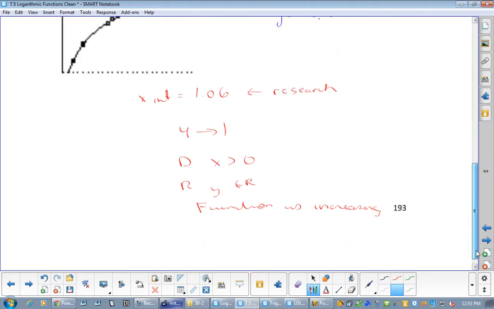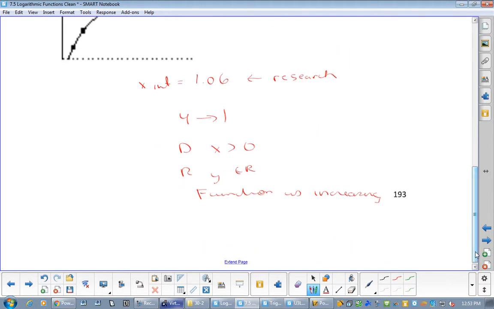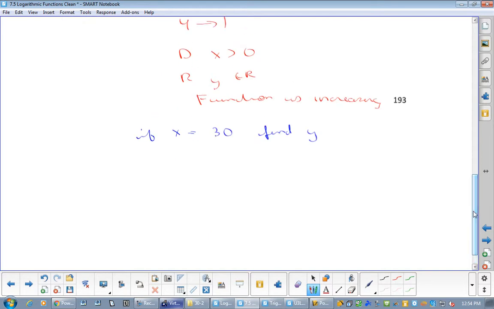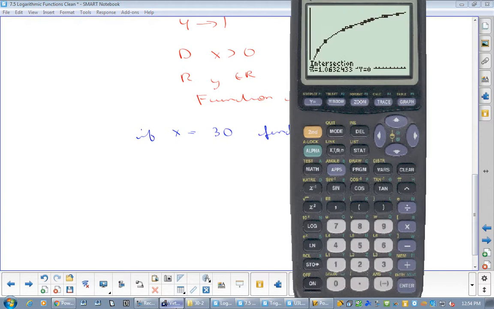Now, I just want to ask a couple questions and see if we can get the answers. So if x equals, say, 30, find y. Okay, how do I do this? Are my window settings big enough?